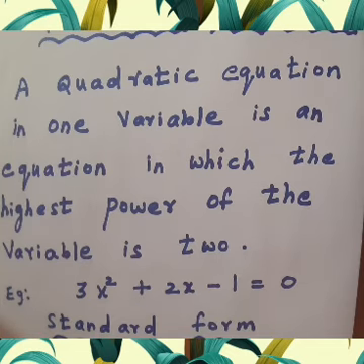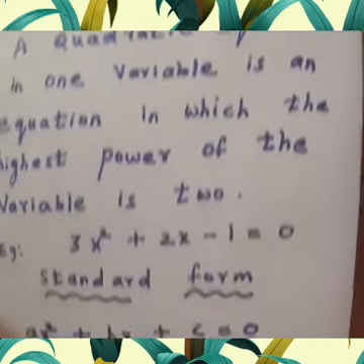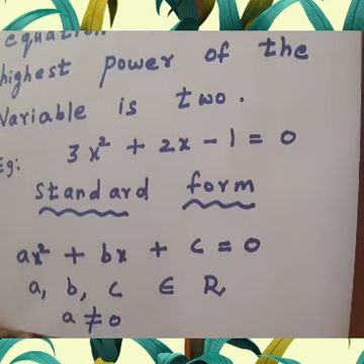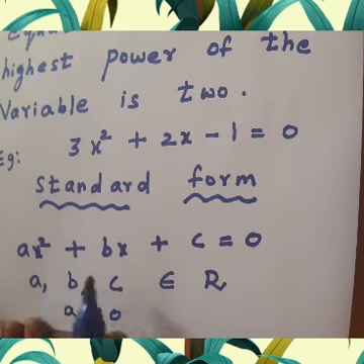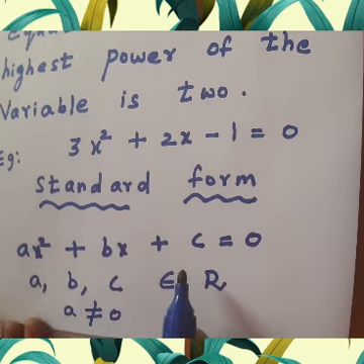Okay. The standard form of a quadratic equation is like this: ax square plus bx plus c is equal to 0, where a, b and c belong to real numbers and a should not be equal to 0.